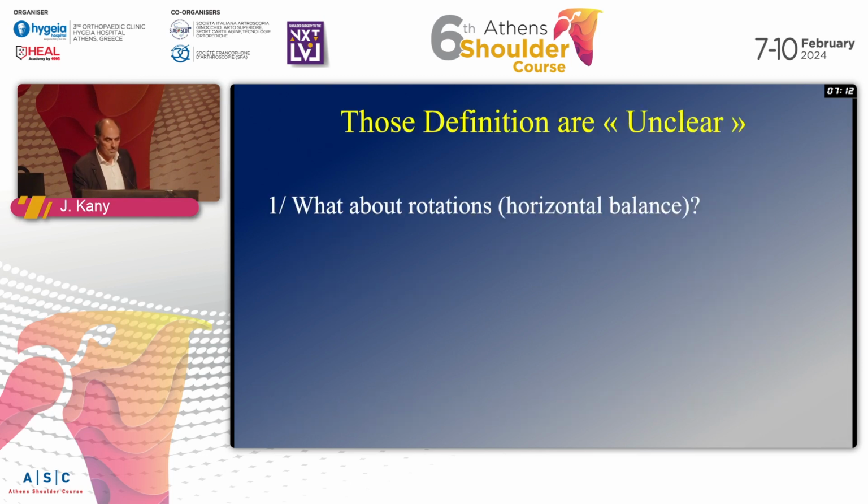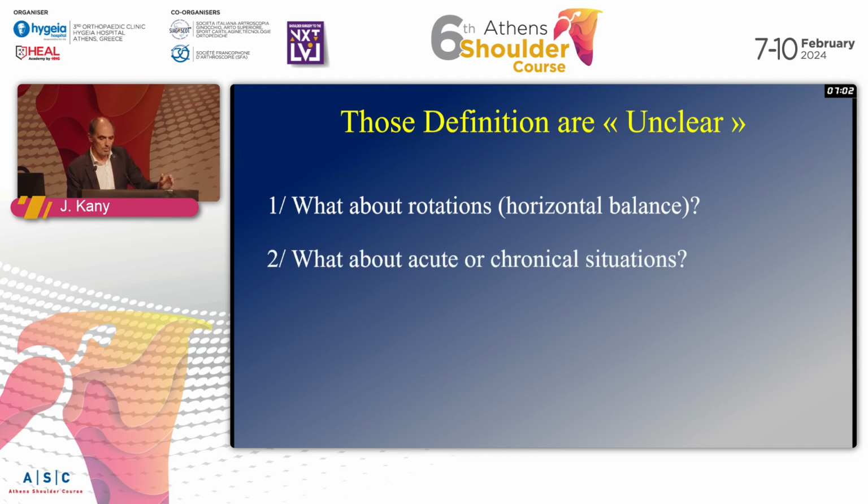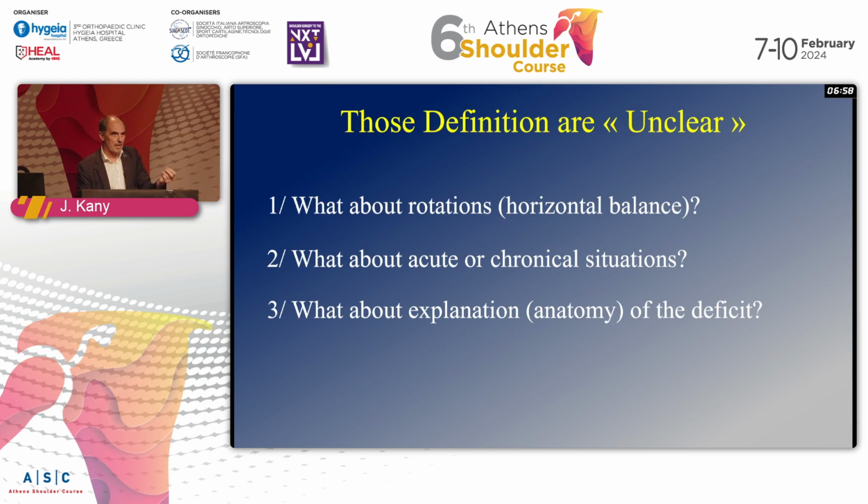So finally, those definitions are unclear. Nobody talks about the rotation and especially the horizontal balance of the shoulder. What about the acute or chronic situations? And what about the anatomy, the explanation of this deficit? Because we cannot correlate the deficit with the anatomy.